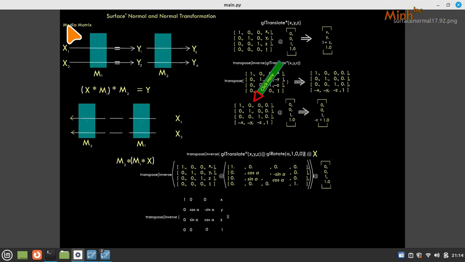Then first with the original matrix, I multiply the vertex, I get the new vertex. But after doing the transpose and inverse, if I multiply the normal, the normal is unchanged, only W changes in the translation.